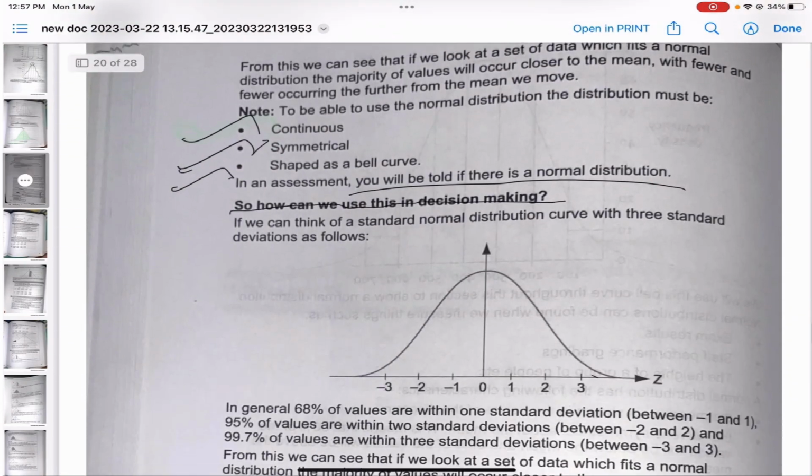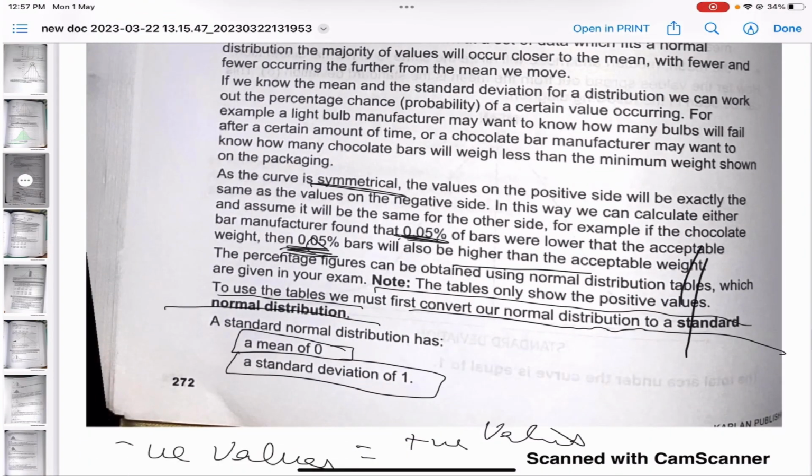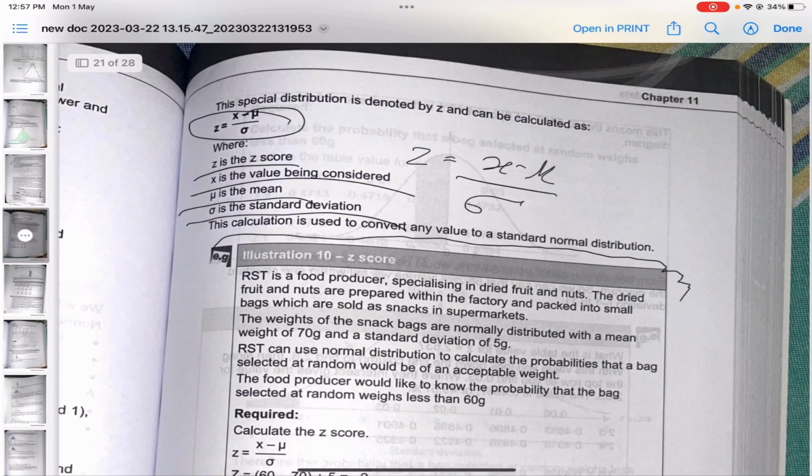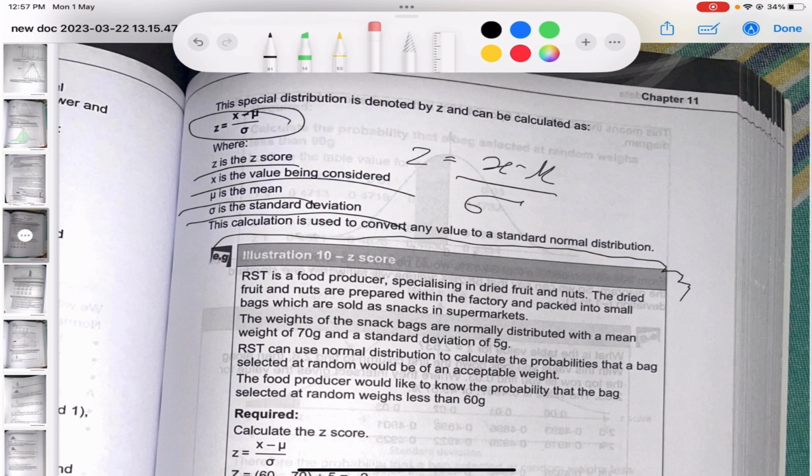When do you say that a normal distribution is a standard normal distribution? When the mean is 0 and the standard deviation is 1. So whenever my mean is 0 and my standard deviation value is 1, then I would say that it is my standard normal distribution. What is my formula of z-score?